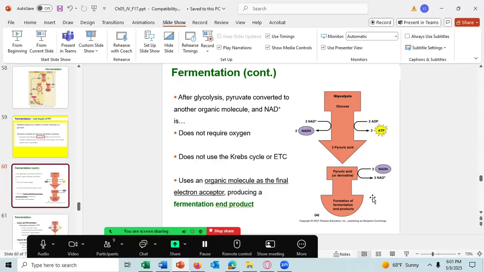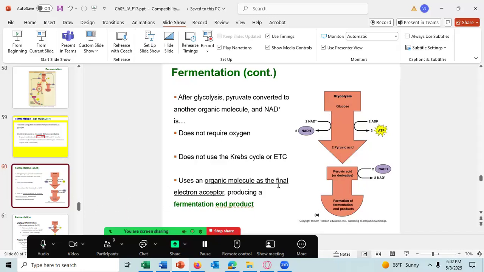Now, the end product could be alcohol, meaning ethanol, or it could be lactic acid. The end product will depend on which fermentation reaction we're talking about, and there's about 6 of them. Fermentation does not use the Krebs cycle or the electron transport chain, but it always uses glycolysis.